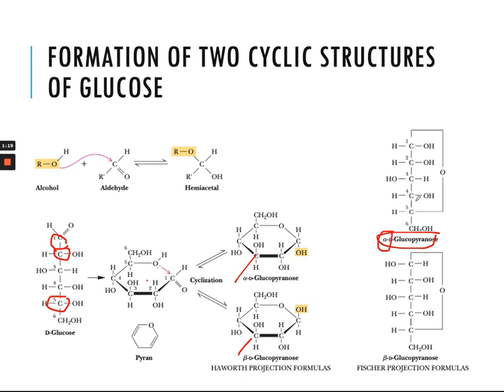As I said a while ago, it's because the hydroxyl group of the anomeric center is on the same side as the hydroxyl group of the farthest chiral center. On the other hand, this is called beta-D-glucopyranose because the hydroxyl group in the anomeric center is on the opposite side of the farthest chiral center in the carbon chain.